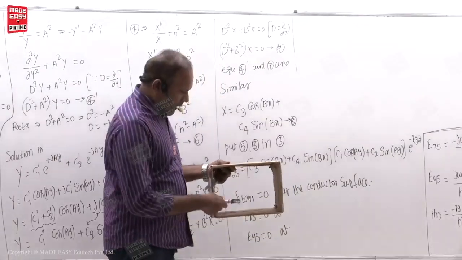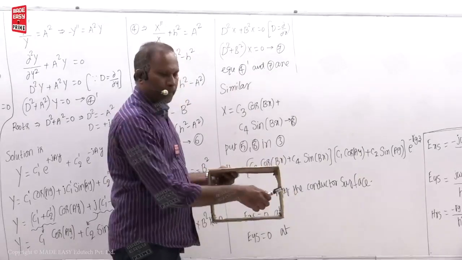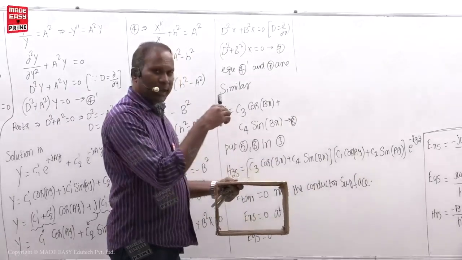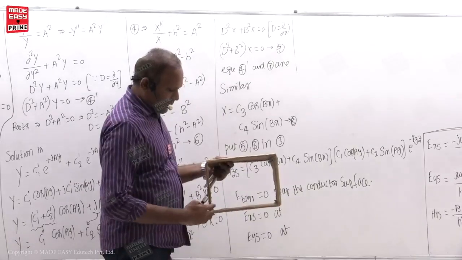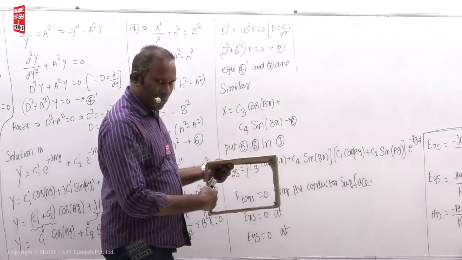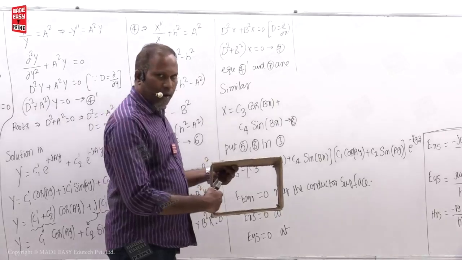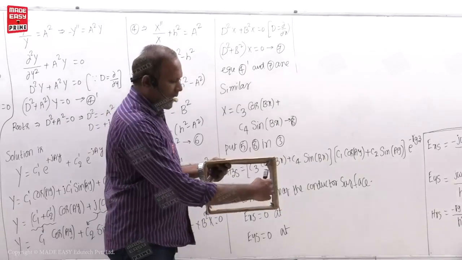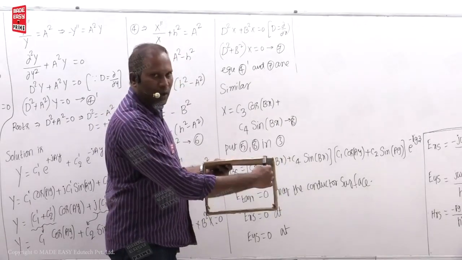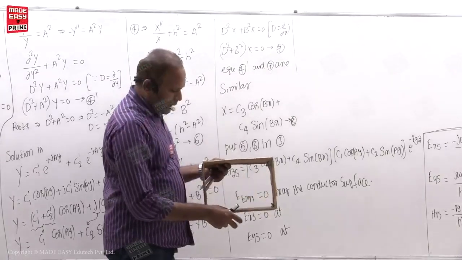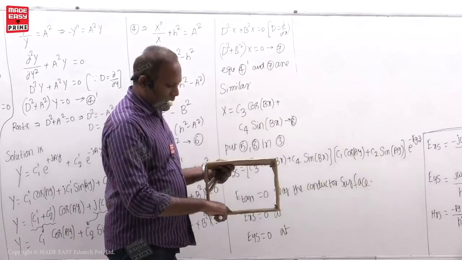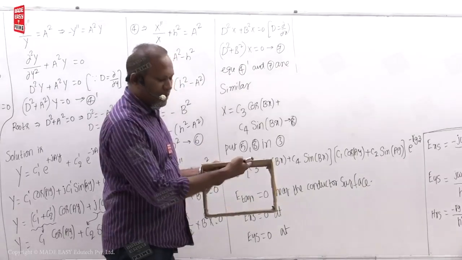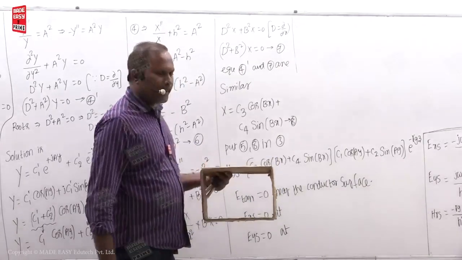This is the x direction I have taken and this one is the y direction I have taken. This x direction total width is A, this is called the x is equal to 0 wall and this is called the x is equal to A wall, and this is called y is equal to 0 because this is the y direction, and this is called y is equal to B, right?